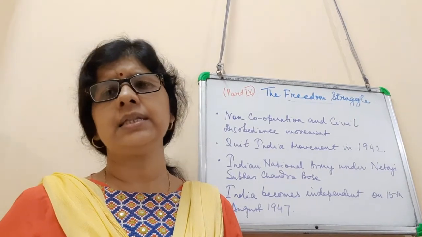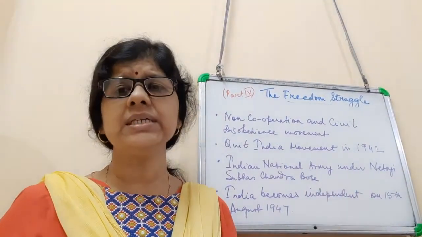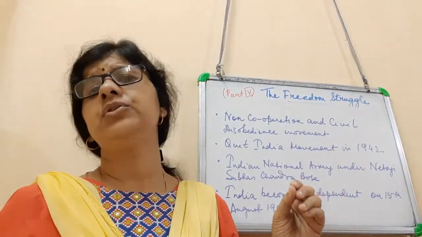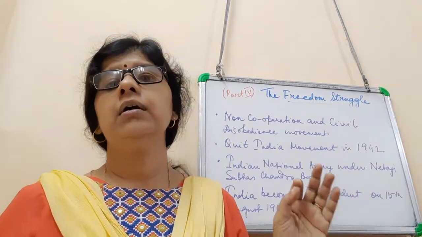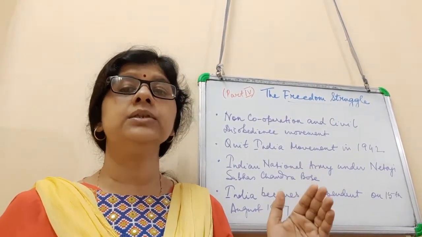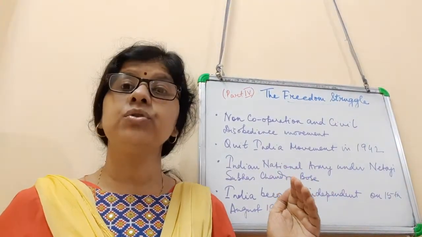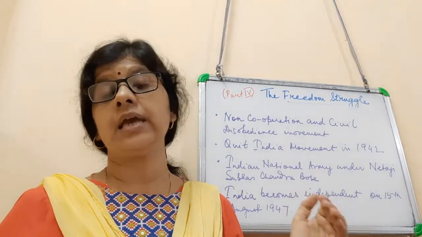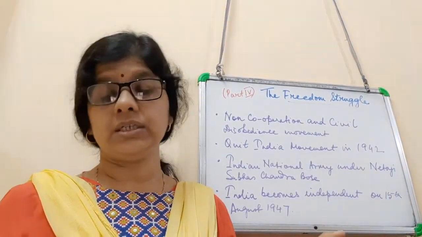There is the Jallianwala Bagh massacre. As I said, it was one of the worst tragedies in human history. So this really angered the Indians, and Gandhiji said that he would not cooperate with anything any longer, and he launched the non-cooperation movement in 1920.